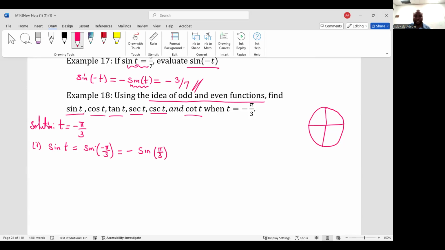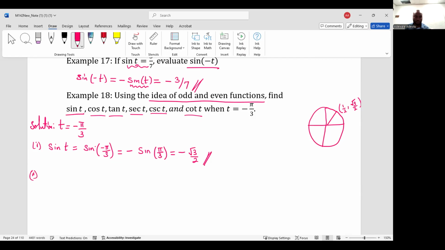So the question is, what is sine of pi over 3? Remember, pi over 3 is somewhere here. And that is root 3 over 2. You should know that offhand. Now, the y value there is root 3 over 2. So, minus root 3 over 2. Answer.